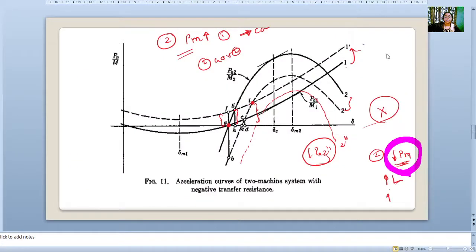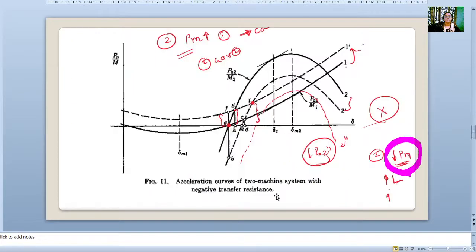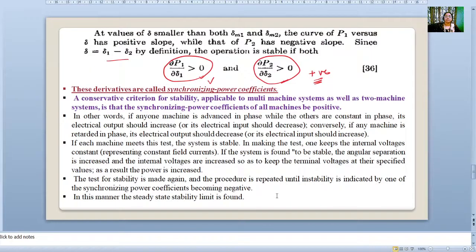In the region between delta m1 and delta m2 both have positive slope. These derivatives are called the synchronizing power coefficient, SPC.